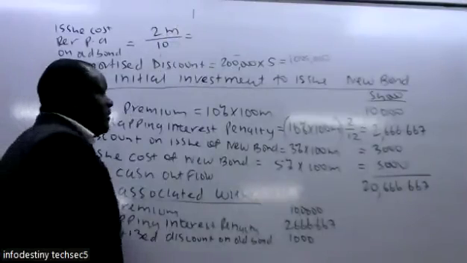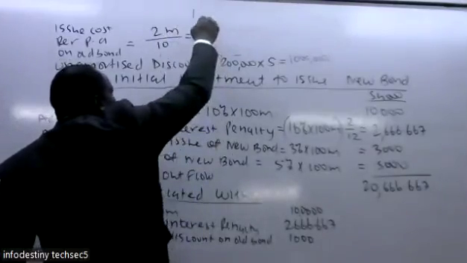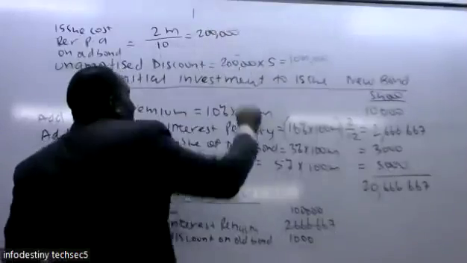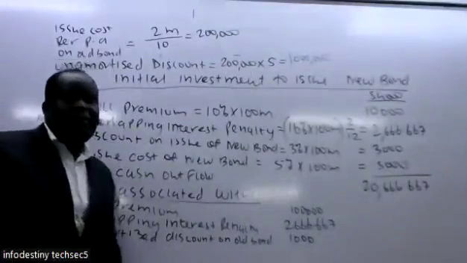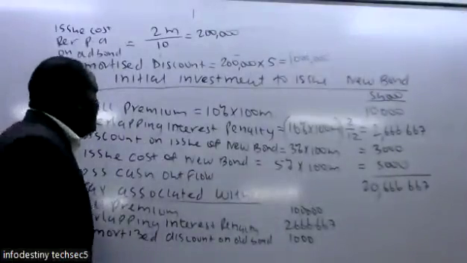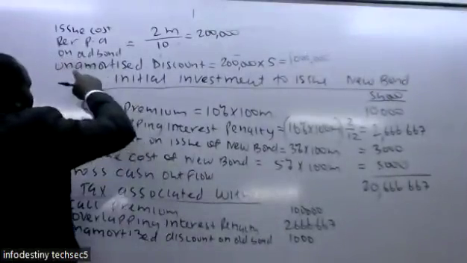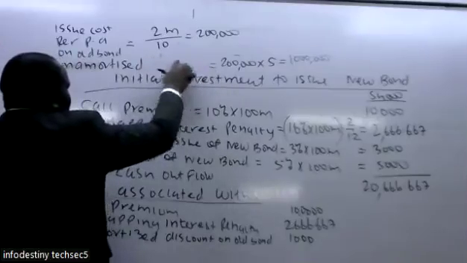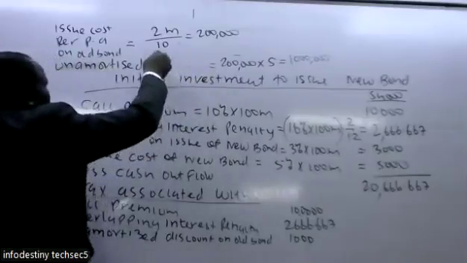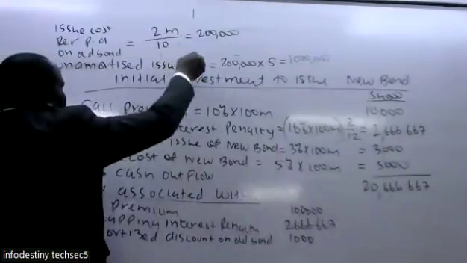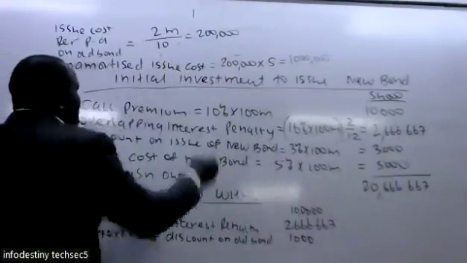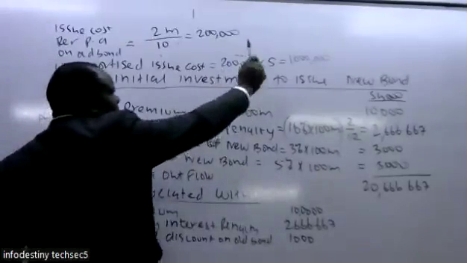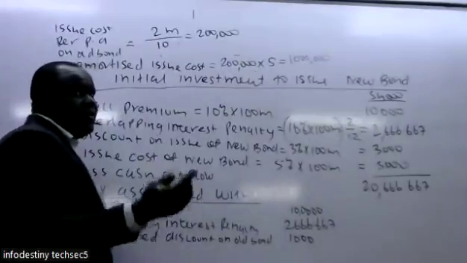So it will still be how much? It will also be 200,000. Then you also now compute an amortized issue cost. We also calculate the unamortized issue cost. So it is also the same figure because it is 200 multiplied by the remaining period, which is also 5 years.